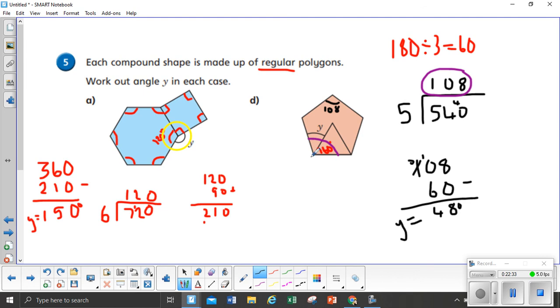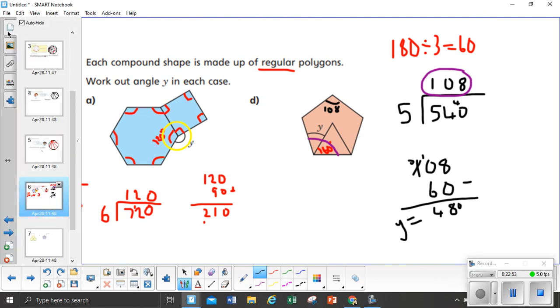This part here is worth 60 because it's in my triangle. So the remaining angle I can find by taking 60 away from 108 to give me 48. Okay, next question.